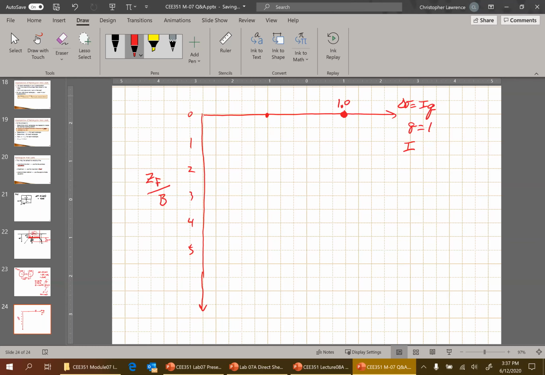Then instead of Z over B, you're really looking at Z. So we're taking induced stress versus depth, but we've factored it down to influence factor versus relative depth compared to width. You see what I'm saying?